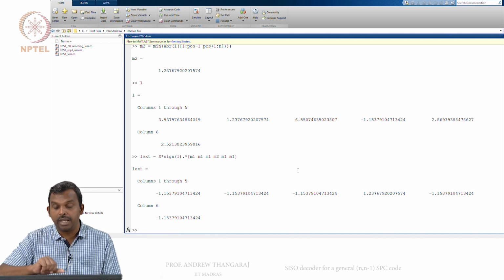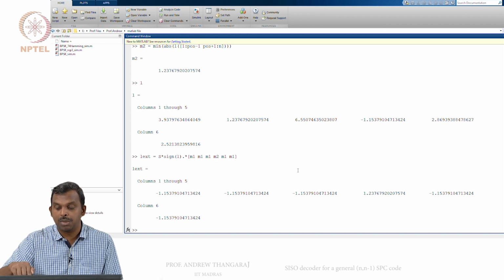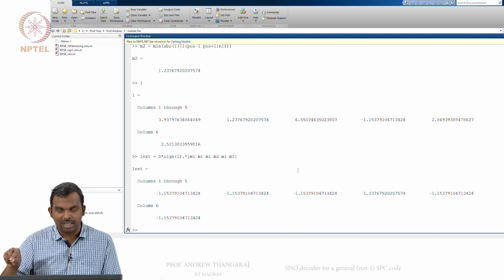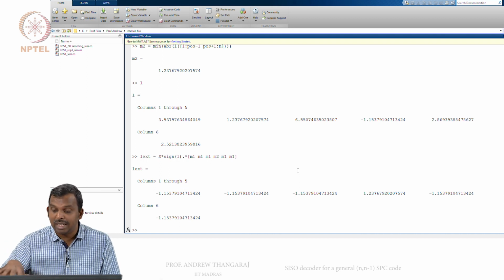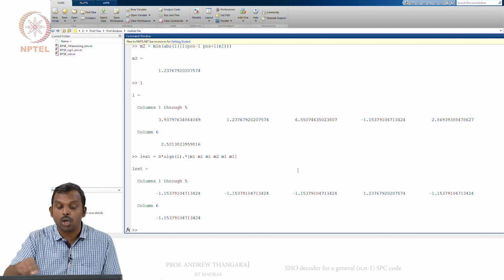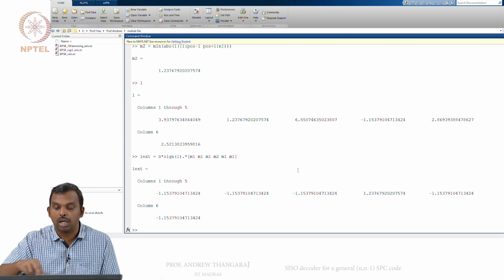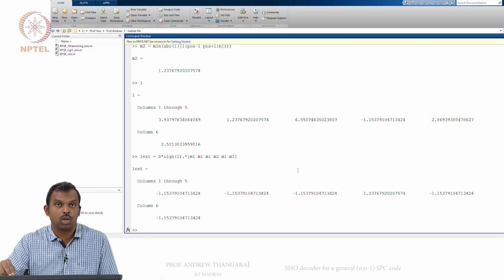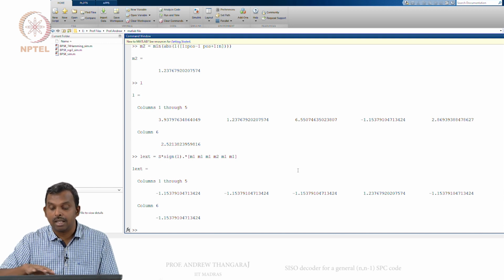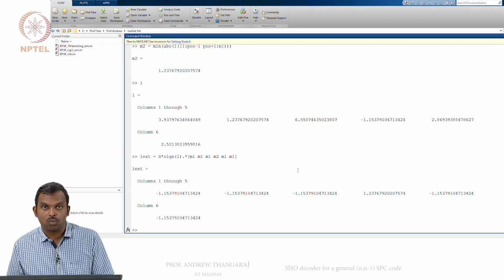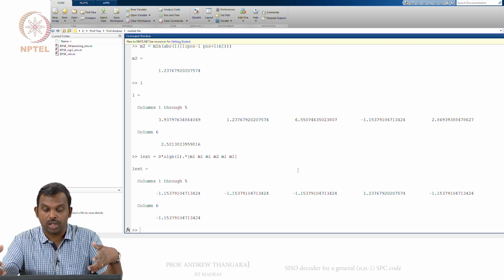Most of the values will all be equal, and then at least the first minimum location alone will be different, the second minimum will come, and the signs will get flipped or not depending on whether the overall parity is satisfied, whether the overall product of the signs is positive or not. If the overall product of the signs is negative, then all the signs get flipped, otherwise none of the signs get flipped. Okay, so once again, look at how this calculation has gone.